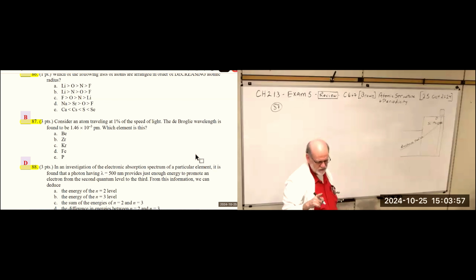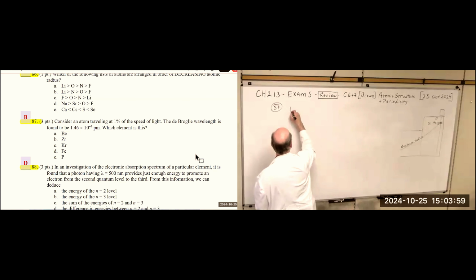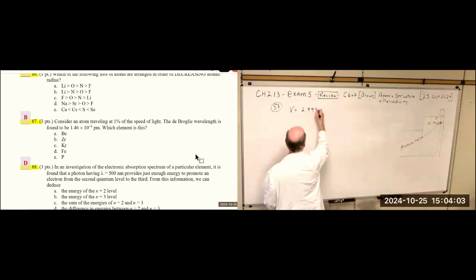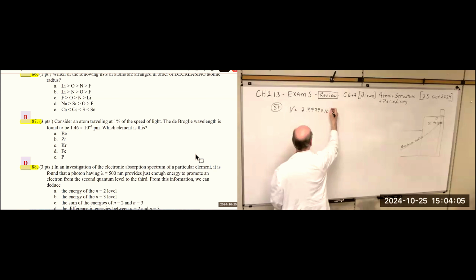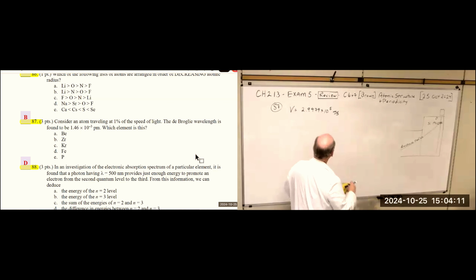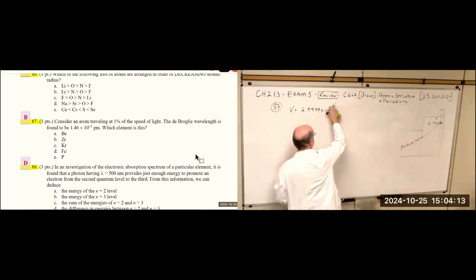Okay. If the velocity is 1% of the speed of light, and the speed of light is 2.9979 times 10 to the 8 meters per second, 1% of that, we just reduce it by a factor of 100, right?